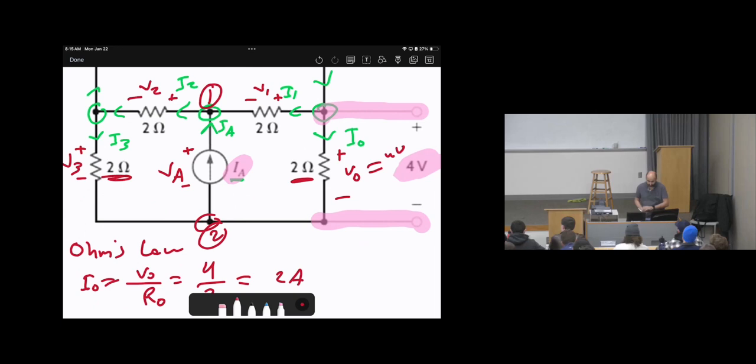Look at node 2. Node 2, do we know IA? We don't know. This is unknown. Do we know IO? Yes, we do. Do we know I3? No, we don't. So even applying KCL here is not sufficient because there is another unknown, I3.